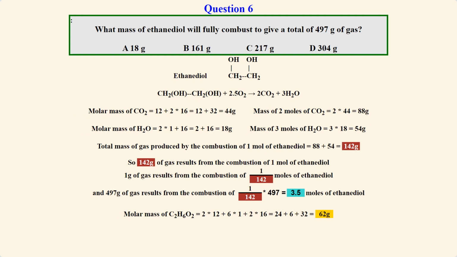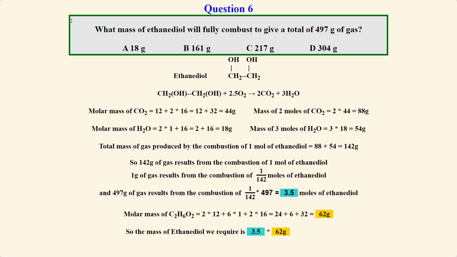Adding those figures together, we get 62 grams. We found out that we need 3.5 moles of ethane diol, so clearly we need to multiply the 62 by 3.5, and when we do that we get 217 grams, and that corresponds to answer C above.